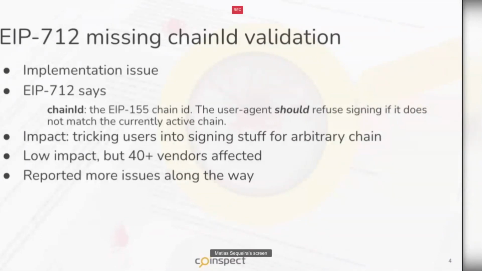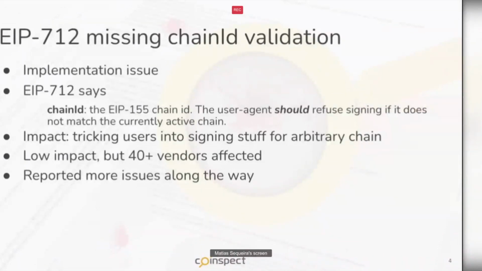So the problem here is that many wallets didn't validate the chain ID that's in the EIP712 domain. The wallet didn't validate that the chain ID of this domain was the same as the chain ID of the chain that the user selected in the wallet. I'm giving a practical example.